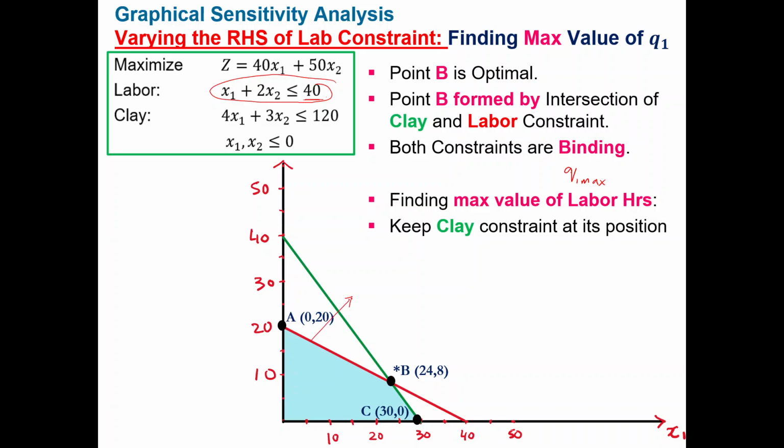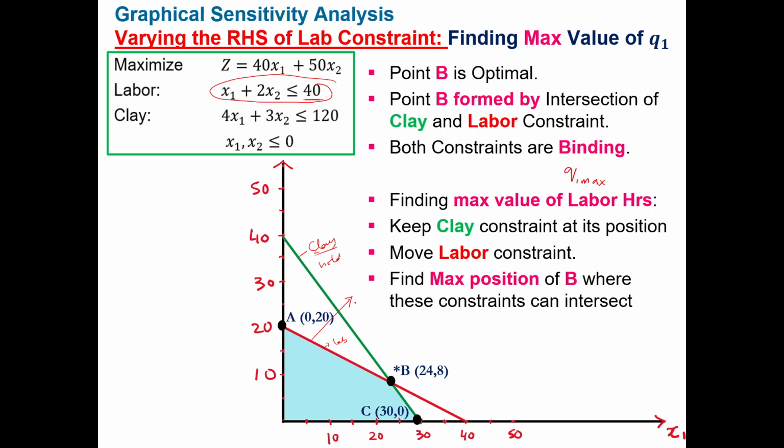So we will hold this clay line at its position, and this is the labor line, and we will move the labor line away from the origin. Why move away from the origin? Because we are increasing the right hand side of the labor constraint. We want to find the maximum position of point B. Point B is basically the intersection of these two constraints.